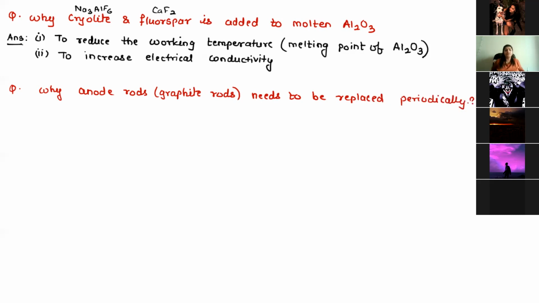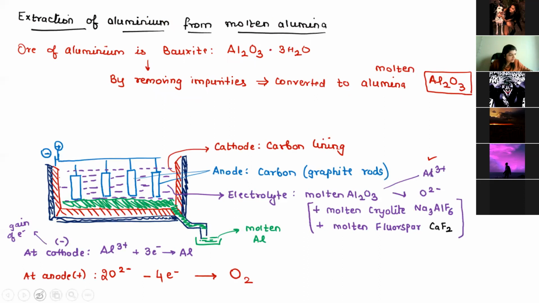Why do anode rods, graphite rods, need to be replaced periodically? Yes, anybody can answer this? What is liberated at the anode? Can I say oxygen gas?